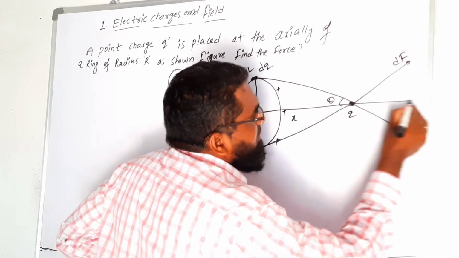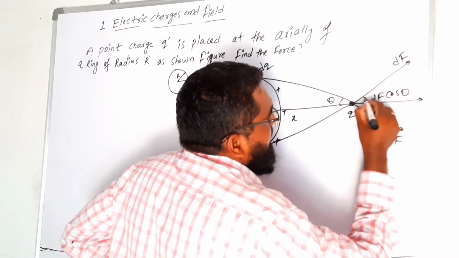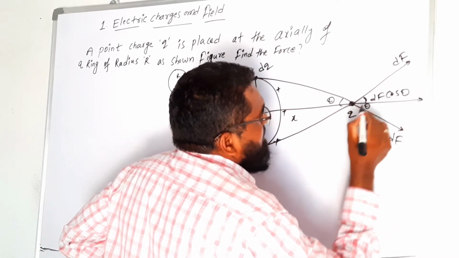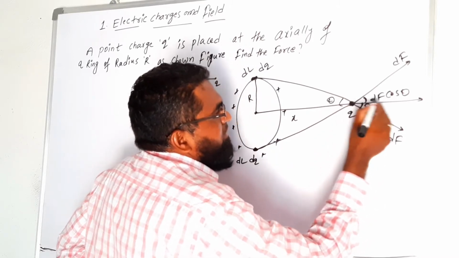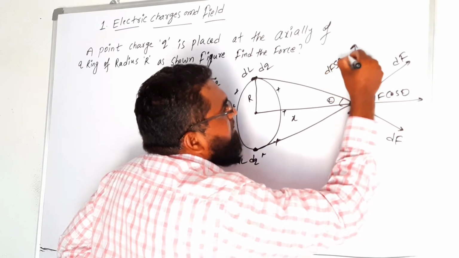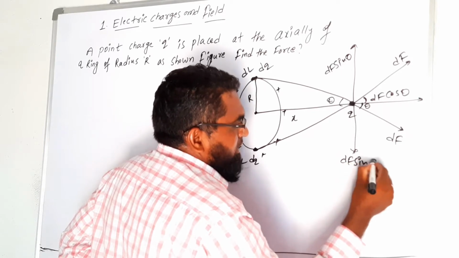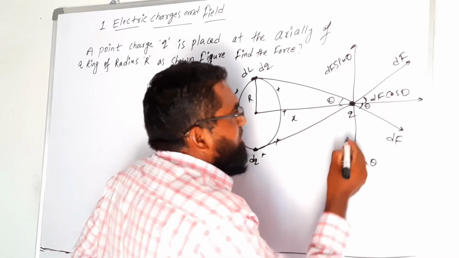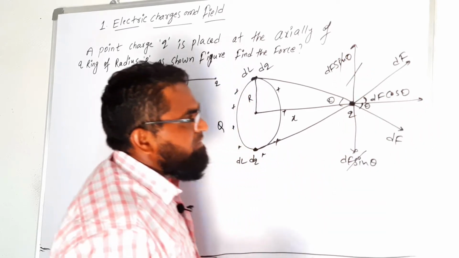Now two components are related: dF cos theta, which is the horizontal component, and dF sin theta, the vertical component. This angle is theta, and this one is also theta. Clear, students? Now dF sin theta cancels, but dF cos theta remains.